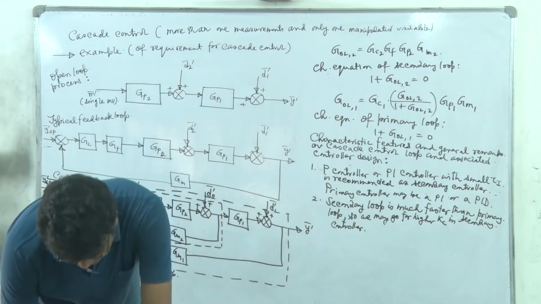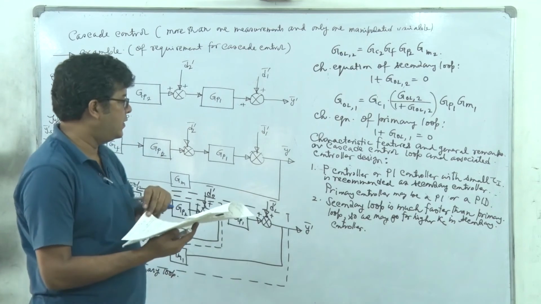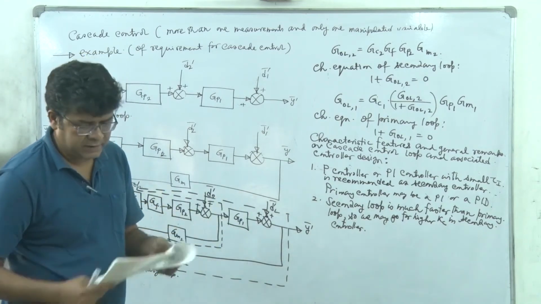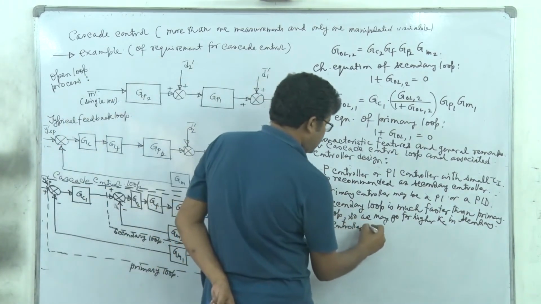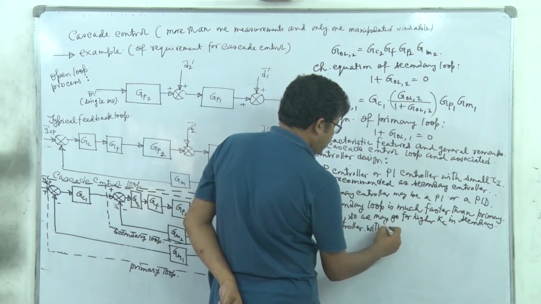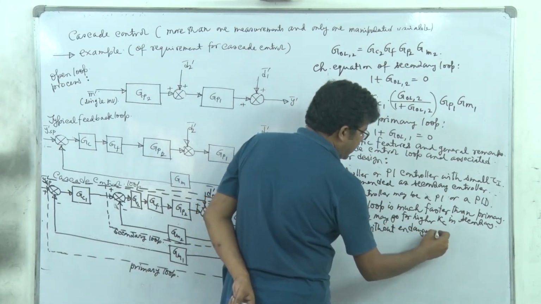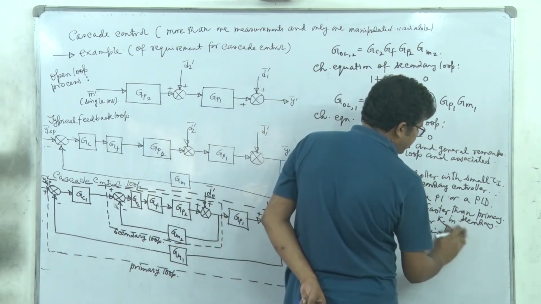So you may go for higher Kc in the secondary loop, it is permitted actually without endangering the loop stability or the system stability.